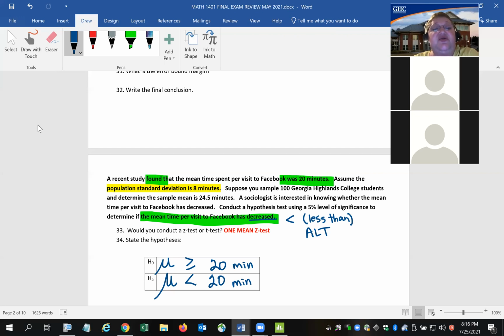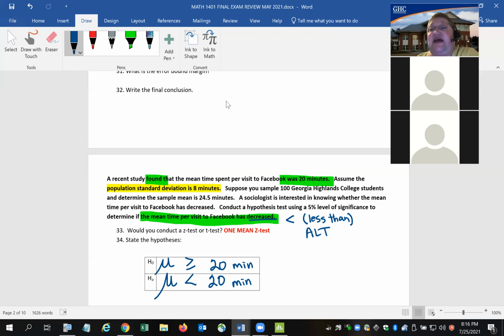To answer those two questions, we go out to Minitab. Okay, so I'm going over to Minitab, and let me write down my numbers real quick so I'll have them. Population mean is 20, standard deviation is 8, sample mean is 24.5, N is 100, we're doing 0.05, and it's a less than.